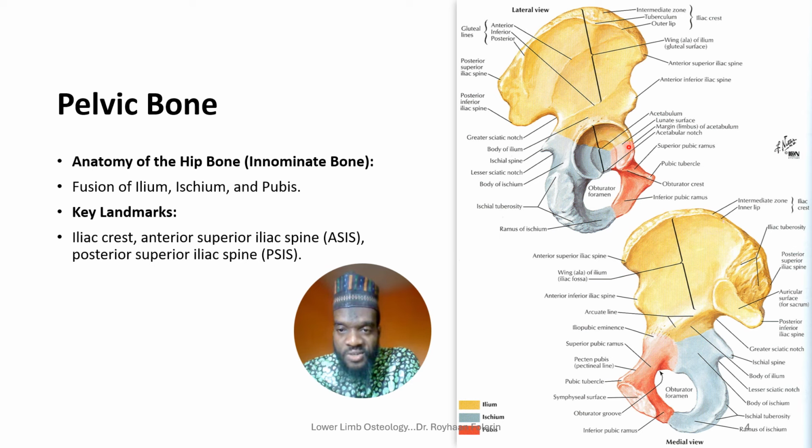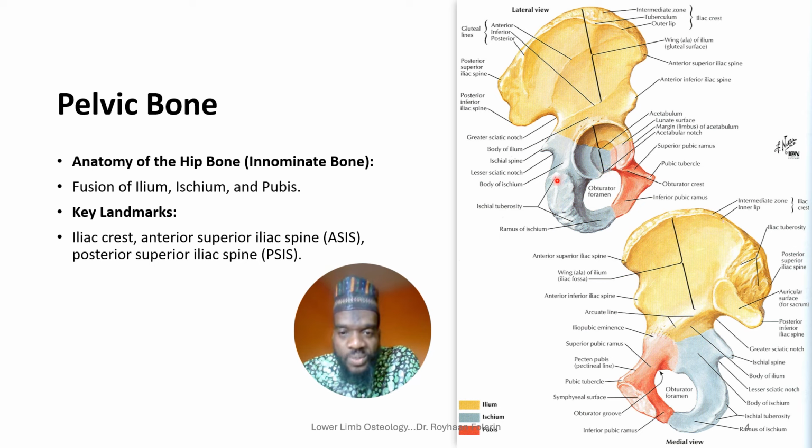Okay, this is the margin of the acetabulum, and this is the part that receives the head of the humerus, while allowing the transfer of weight from the torso down to the lower limbs. So this is where the head of the humerus attaches, this acetabulum. So this is the margin of the acetabulum, known as the limbus of the acetabulum, and then here is referred to as the notch of the acetabulum.